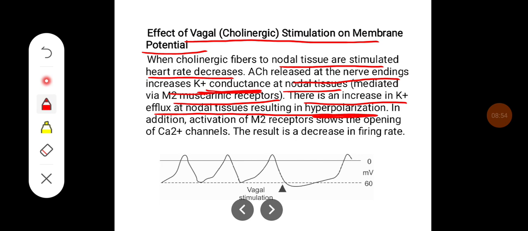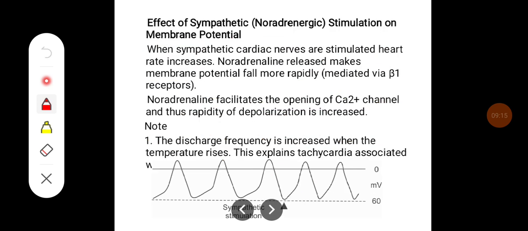In addition, the activation of M2 receptor slows the opening of calcium channels as well. This results in a decrease in the firing level. Here you can see that the space between two pacemaker potentials increases with the stimulation of the vagus and the heart rate decreases.